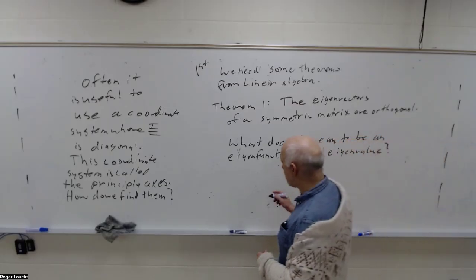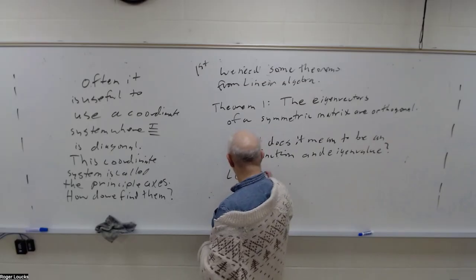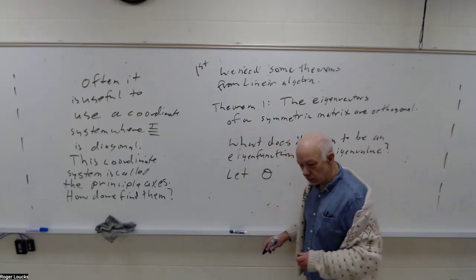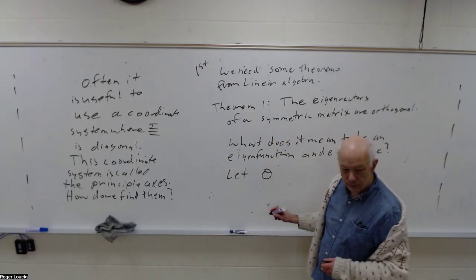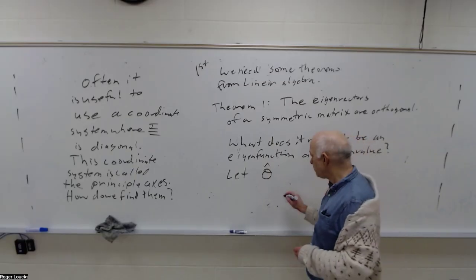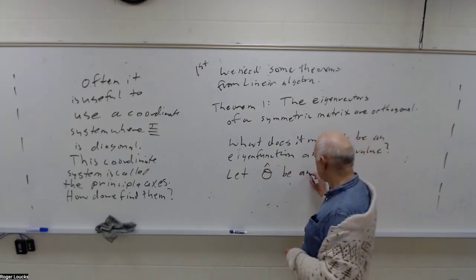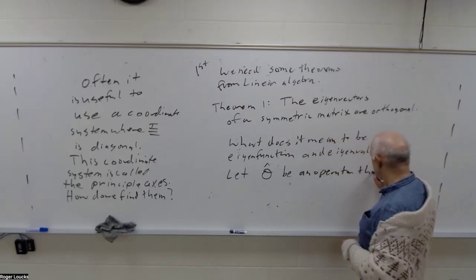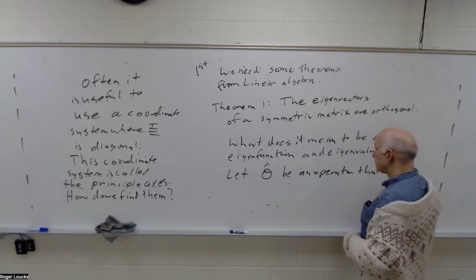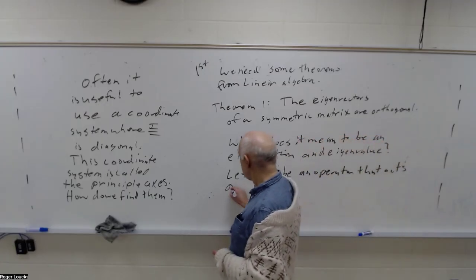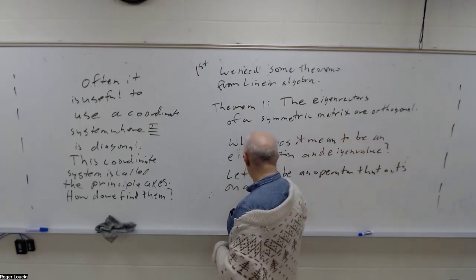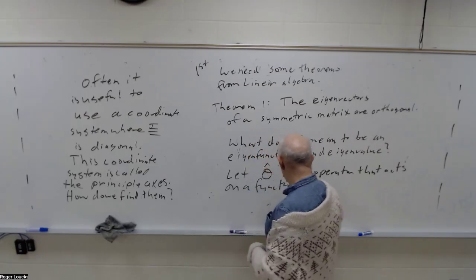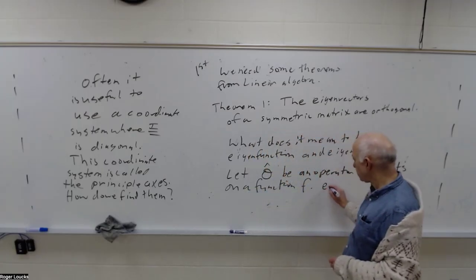So we're going to let O be an operator. And how do we denote an operator? We always put a little hat on it. So let O be an operator that acts on a function. Let's do some examples of an operator.